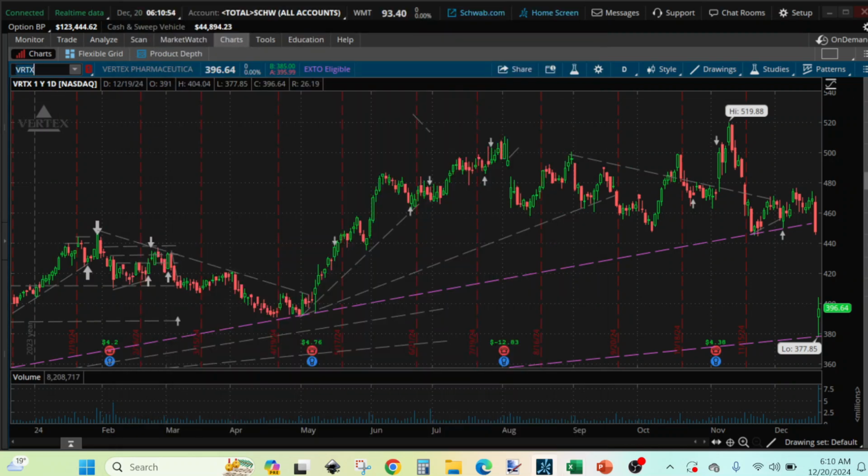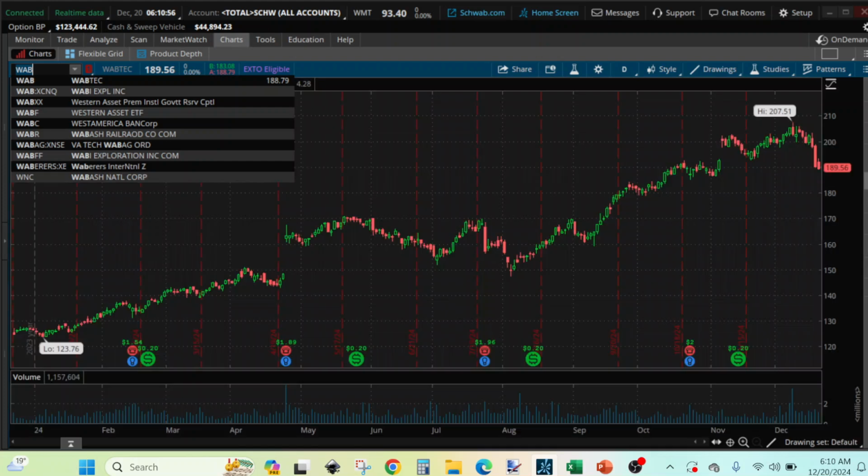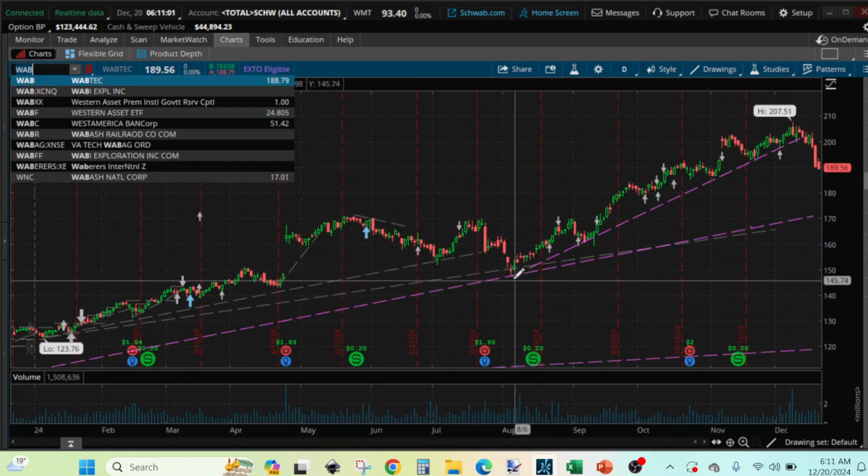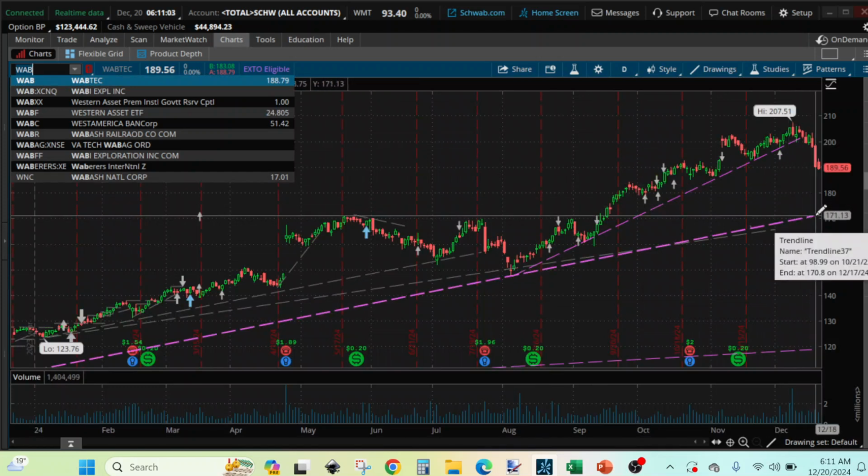WAB. WAB, we bought it at that mid-year trend line, and it is coming to a longer trend line here.